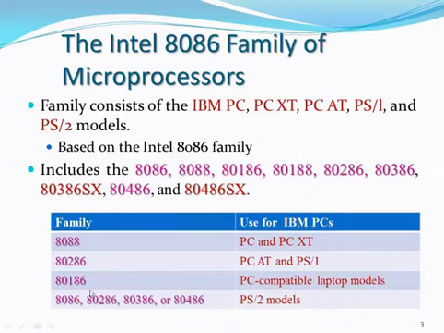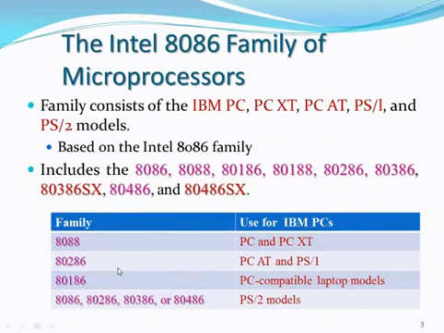And then all other models, like 8086, 80286, 386, and then 486, are PS2 models. So this is the updated one. So you understood how the technologies are mapping with the models of the 8086 family.